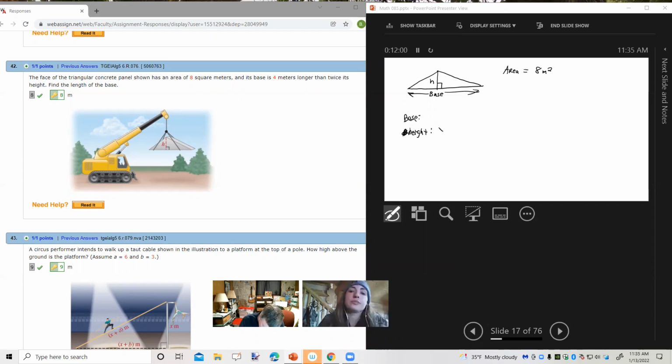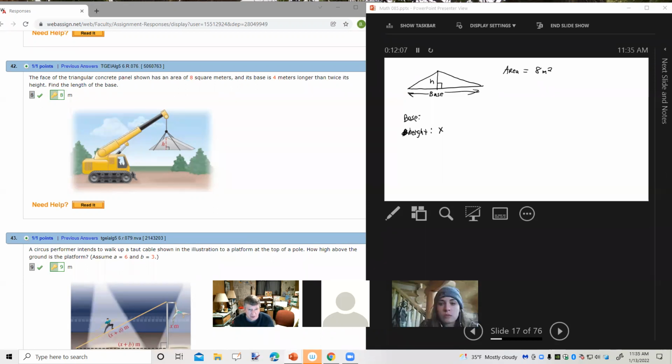So the height is going to be our variable. Whatever's being compared to, that's going to be the center of the universe. That's going to be the variable for this problem. It says the base is 4 meters longer than twice the height. If the height is x, twice the height would be 2x, and 4 meters longer than that would be 2x plus 4. Okay with that?